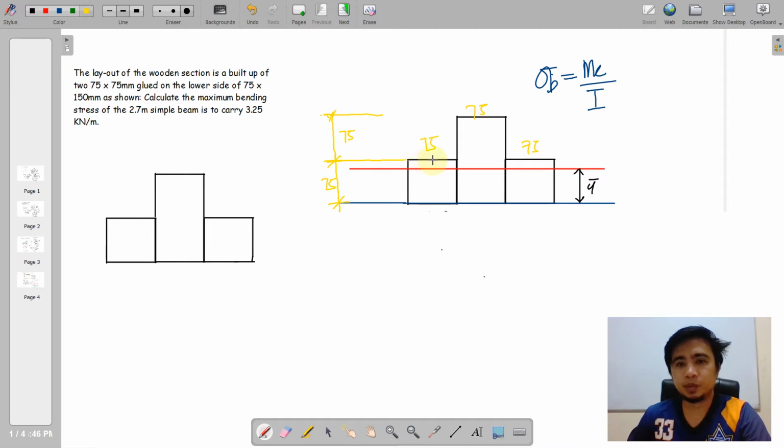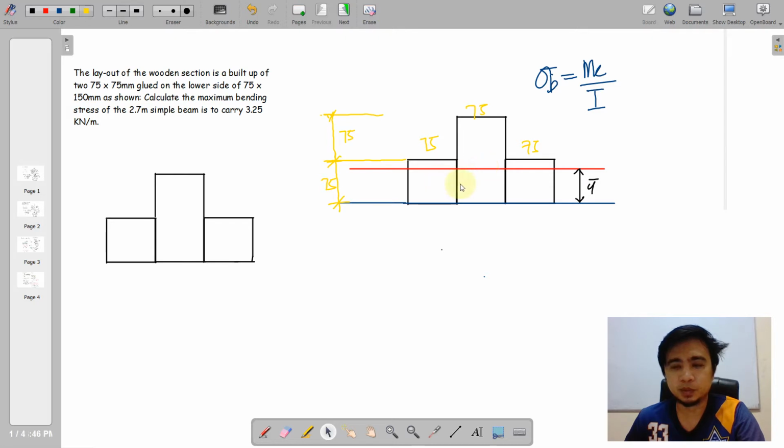Then we shall note here the distances. We have 75 for the width of each individual section, and the larger section has 150 height compared to the 75 of these smaller pieces. Then we are going to tag these composite sections by number.